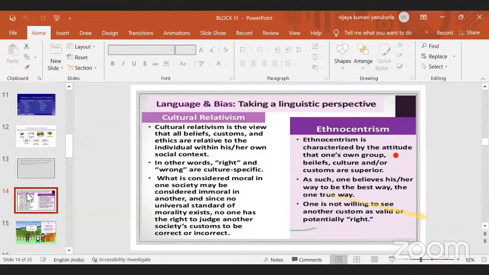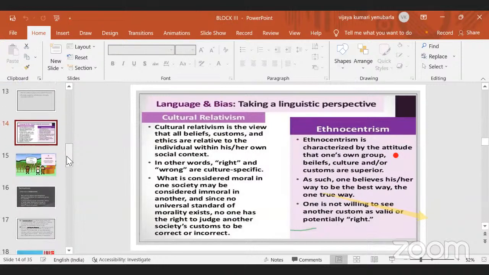So cultural relativism is opposed to ethnocentrism. Ethnocentrism is characterized by the attitude that one's own group's beliefs, culture and customs are superior.